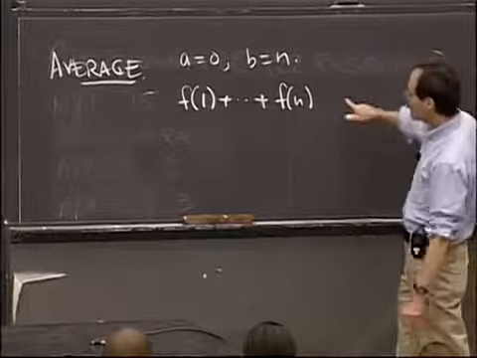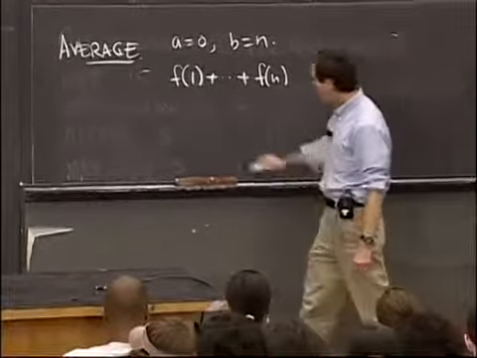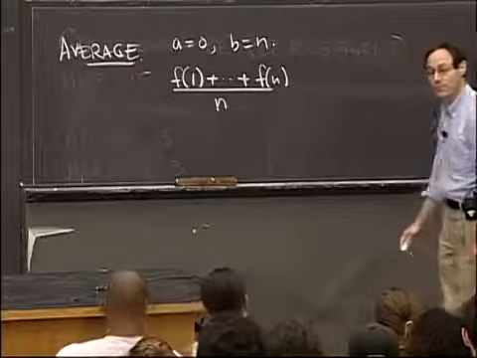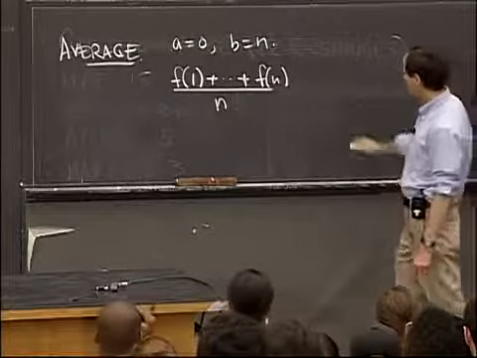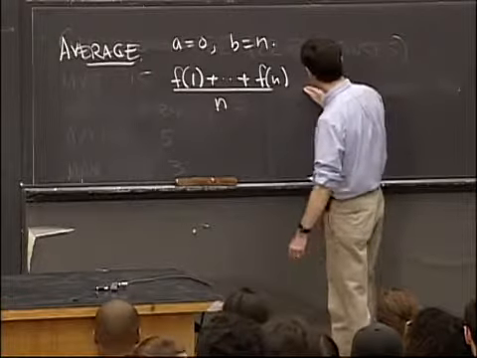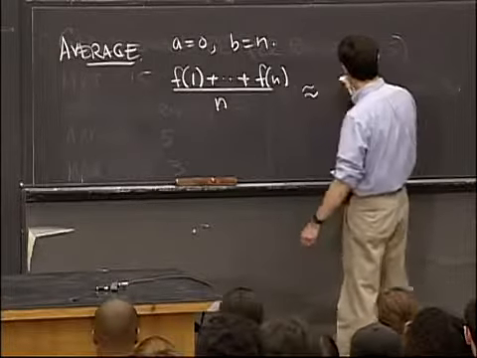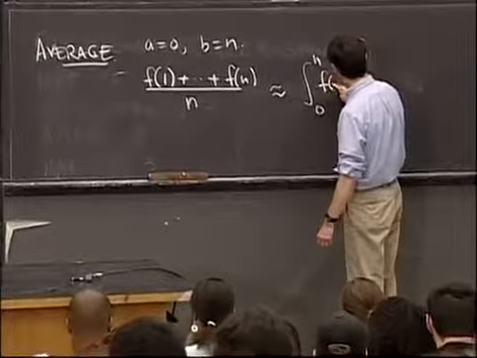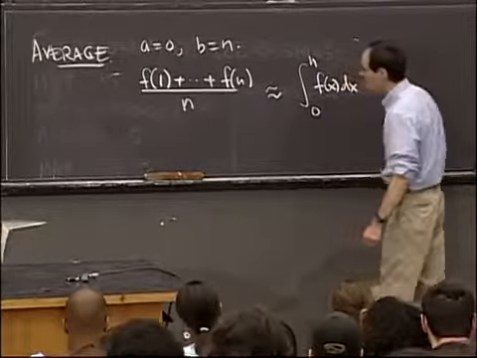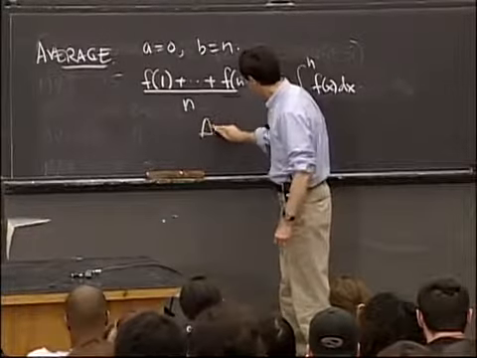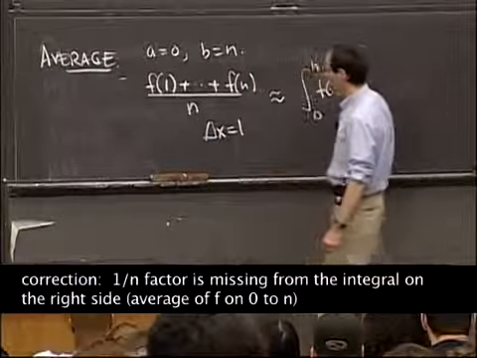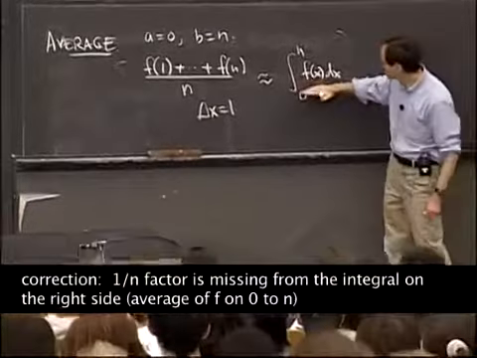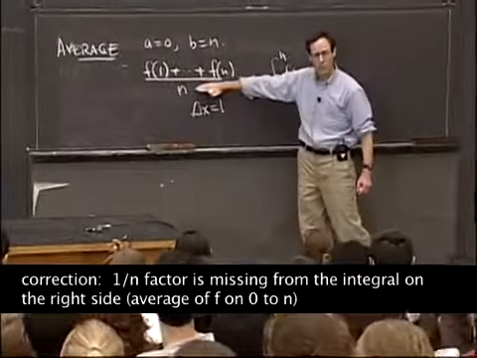Now that would be the sum of the values from 1 to n. But the average is we divide by n here, all right? So this is the average. And this is a kind of Riemann sum representing the integral from 0 to n of f of x dx, where the increment, delta x, is 1. All right? So this is the notion of an average value here, but in the continuum setting as opposed to the discrete setting.